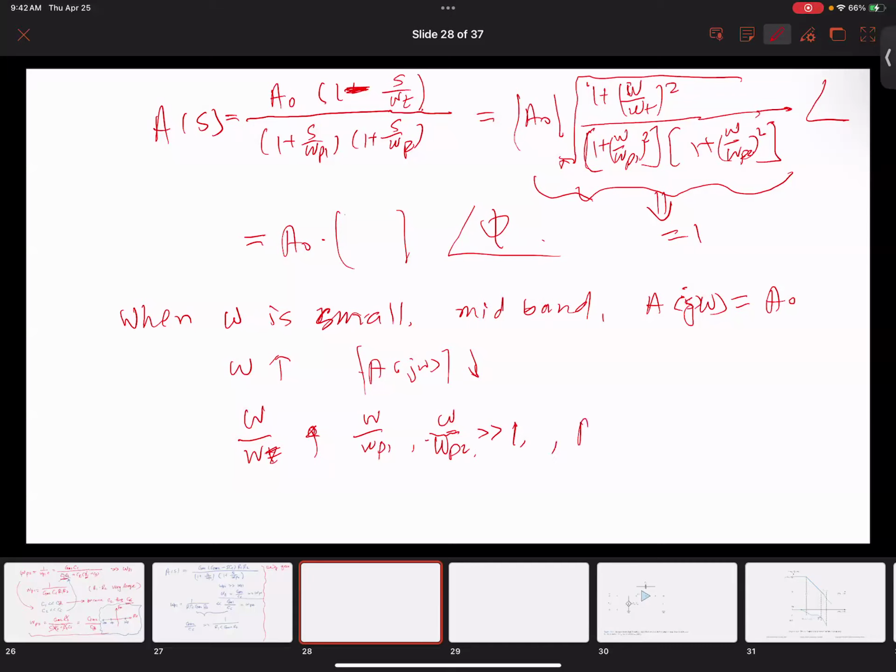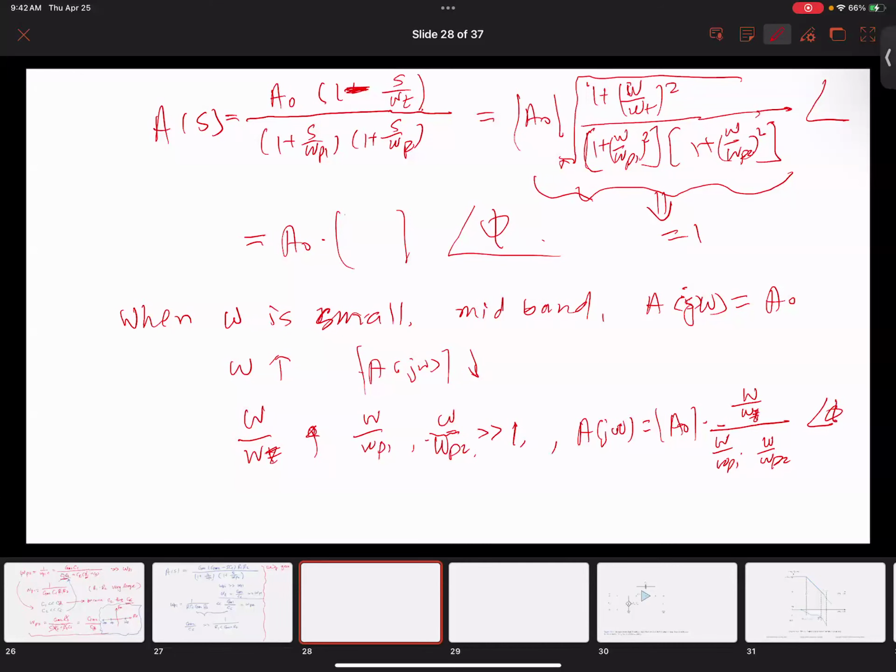So now we have A of j omega equal to A0 times omega over WZ in the numerator, and in the denominator omega over WP1 times omega over WP2. And then you also have an angle.